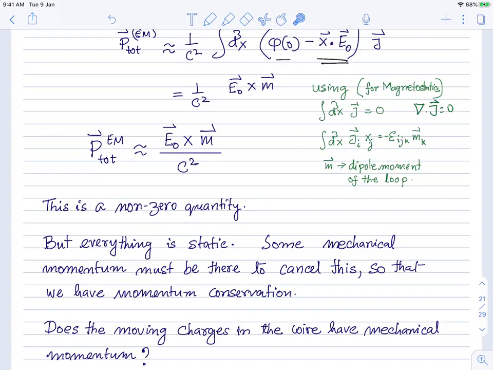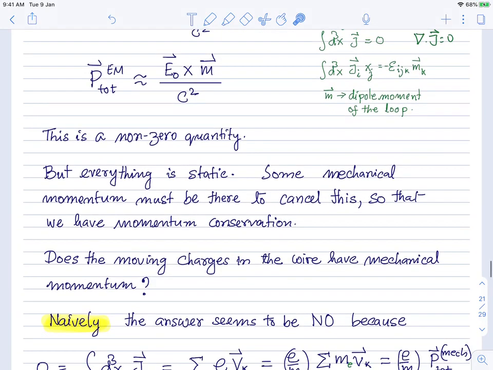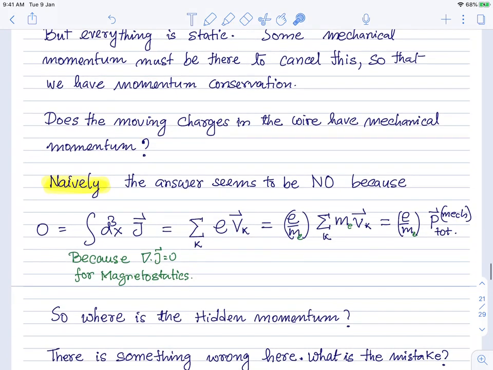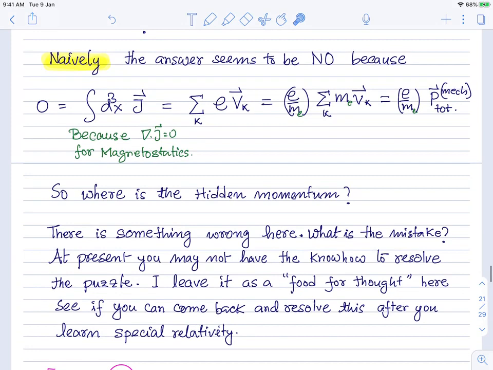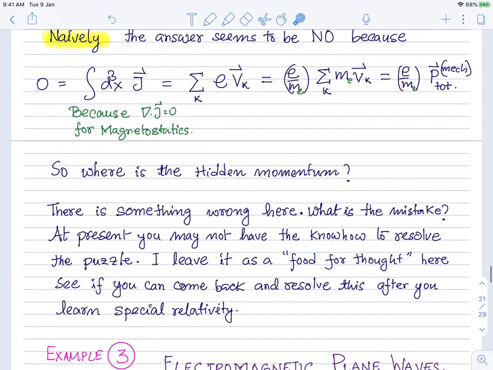So there's something wrong with the logic that I gave you, and I will leave it as food for thought to think about what is going on here. It's a very interesting situation, but I suspect that you don't have the right know-how to answer this question at the moment. But see if you can come back to this mystery and solve it once you have learned special relativity, and particularly special relativistic dynamics.